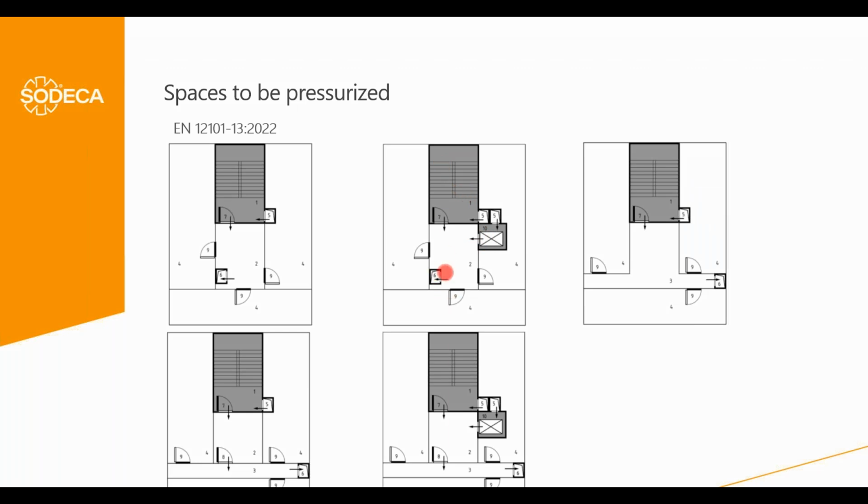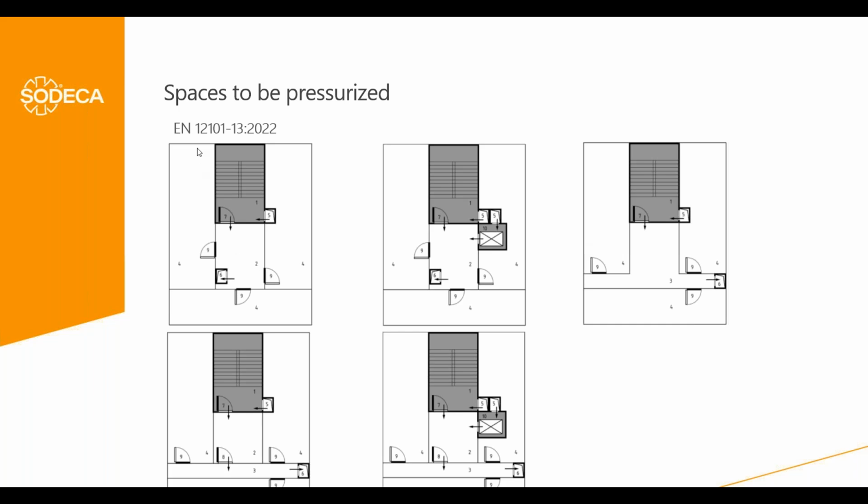The leakage has to be from the lobby, the velocity you have to consider on that door, the pressure difference, etcetera. So there are requirements for achieving the performance of the system for each one of these examples. The standard gives examples, but the regulation is the one that will mandate one solution or the other.